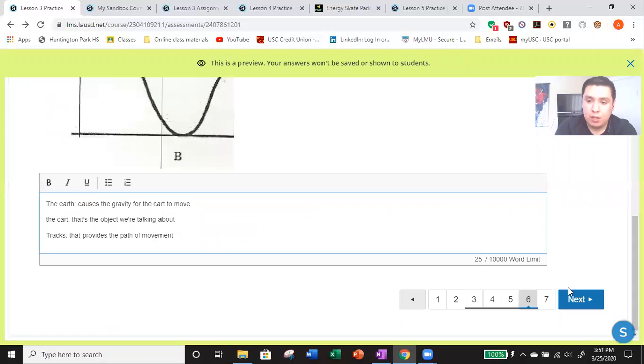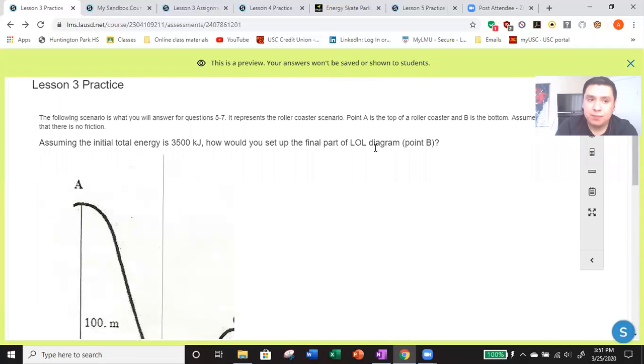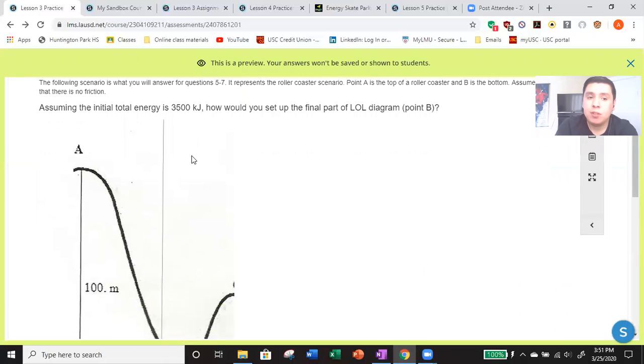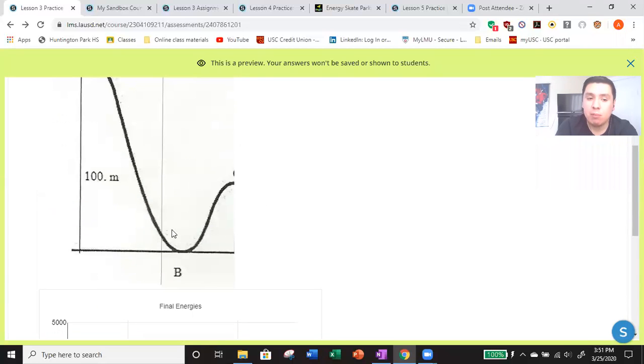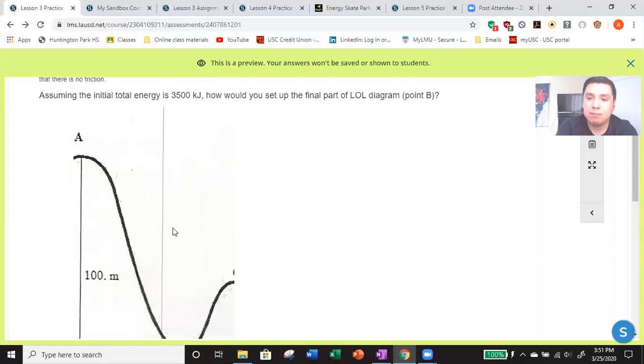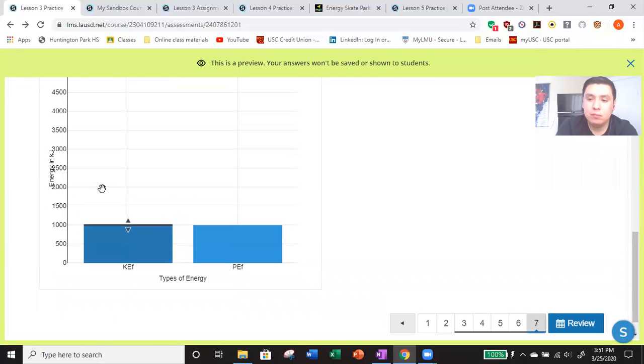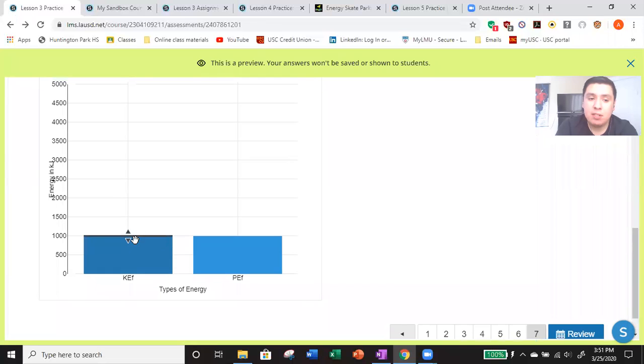All right. 7 is similar. The following scenario is what you'll answer. This time, if the total initial energy is 3,500 kilojoules, how would you set up the last part of the LOL diagram? So we're at the very bottom now, point B. At this point, the potential energy will be 0.